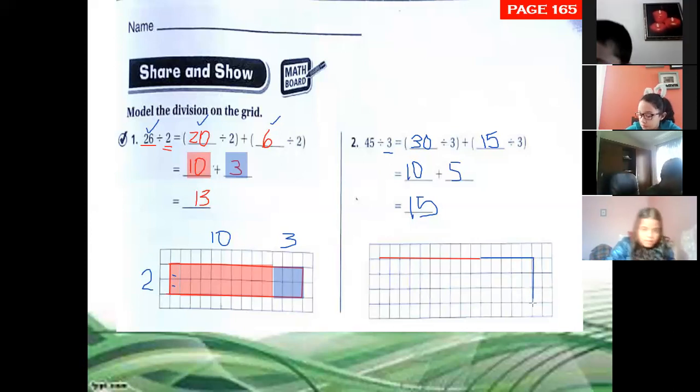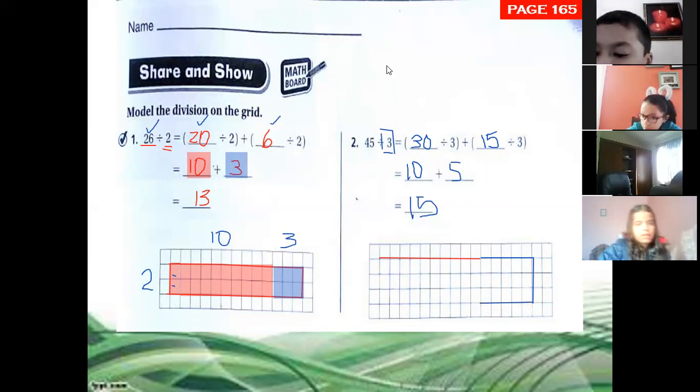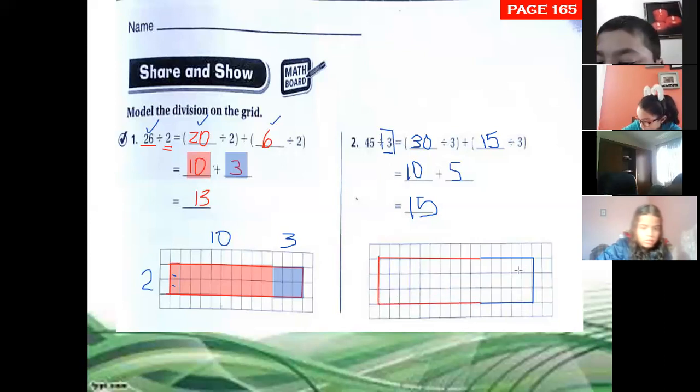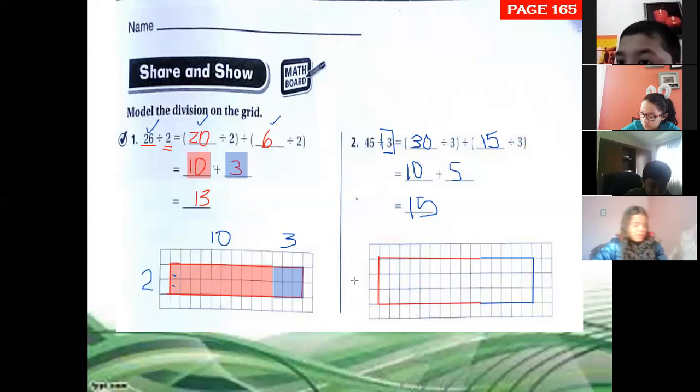How many down? 3, because this is my divisor. My divisor is 3. See, 1, 2, 3. Because I have to make that rectangle, in back I don't have to count. I already did the line, so I know where I have to stop. Okay, now let's color.